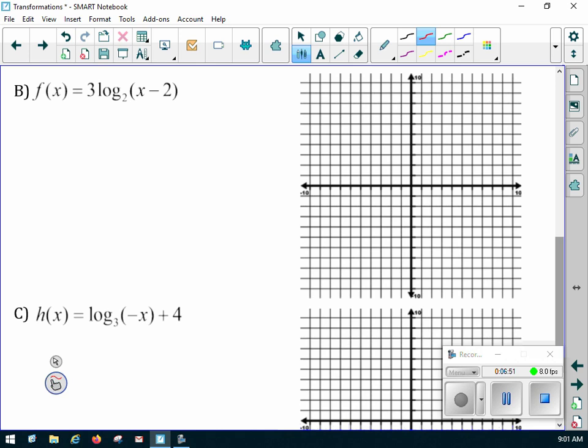What are the transformations on this one? Good. Vertical stretch by a factor of 3. Right. And right 2.